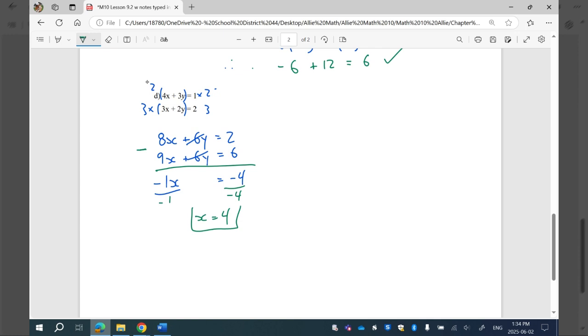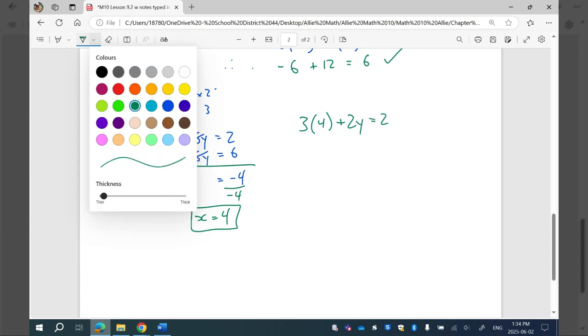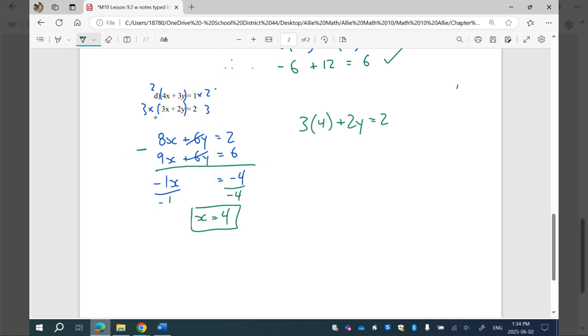There's that one. And then we can substitute it into one of these. I might substitute it into one of the originals. Usually they have smaller numbers, and maybe that's a little bit easier to deal with. So let's go 3 times 4 plus 2y equals 2. So then we have 12 plus 2y equals 2.